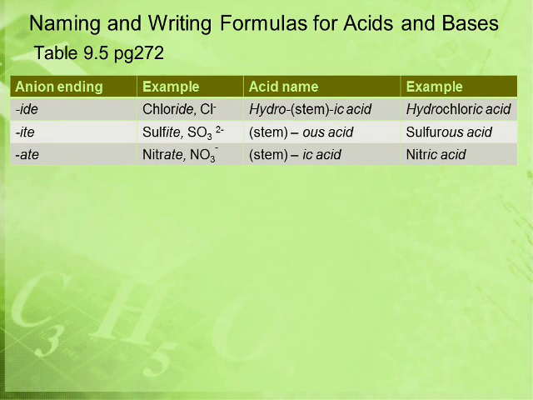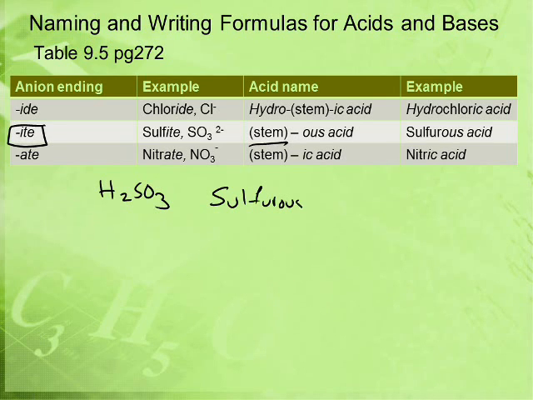SO3 2 minus. And let's look at the ite ending. Remember that's polyatomic. SO3 2 minus. We have the stem of sulfur, for instance, which would be sulfur-, and sulfurous acid. If you have H2SO3, it would be sulfurous acid.